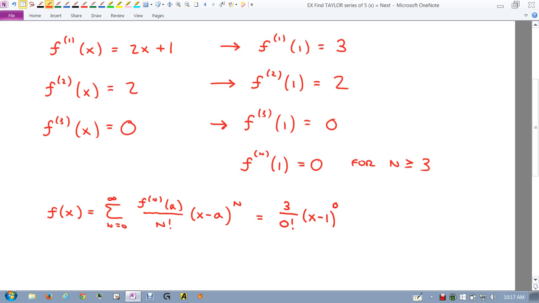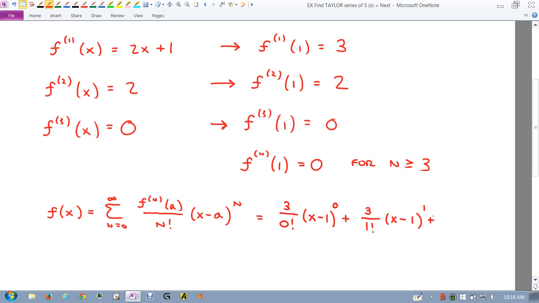I'm just showing you everything plugged in instead of actually just writing it out. I'll do it on the next line. Plus, what's the next one? So now I plug in 1, I get 3 over 1 factorial, x minus a, or x minus 1 to the 1st power, right?